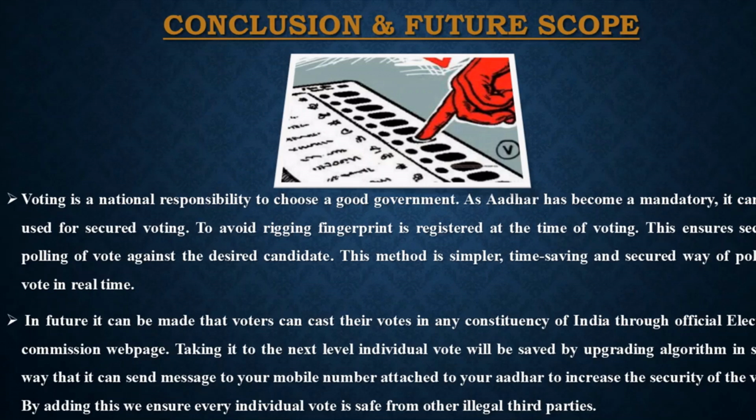And also another advantage is that each and every youth can cast their vote without any tension of visiting the location, a hassle-free method without having physical appearance in the voting booth. By adding this, we ensure every individual vote is safe from other illegal third parties.